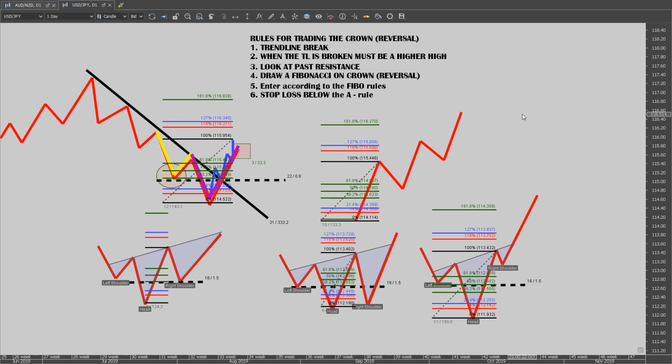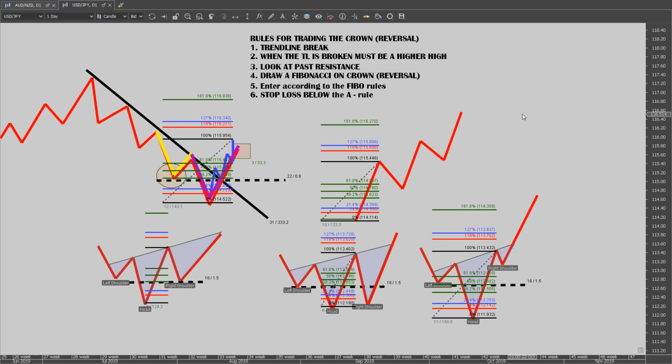When we learned about just the Fibonacci's, we talked about that we can improve risk reward, or if we don't have enough capital, that we can improve our percentages if we put our stop loss below or above the C. When we are trading the Fibonacci crown, everybody, stop loss always below the A or above the A if it's a crown.